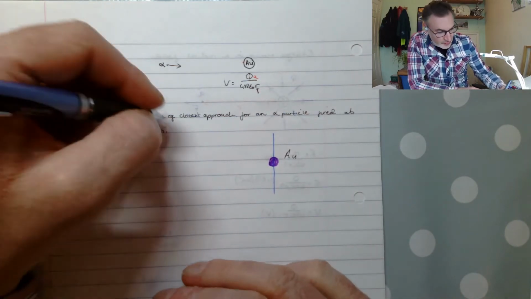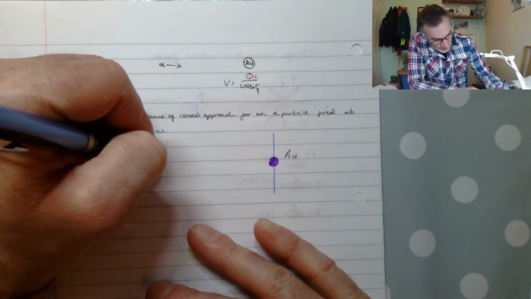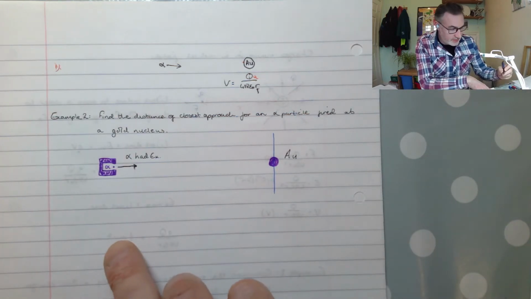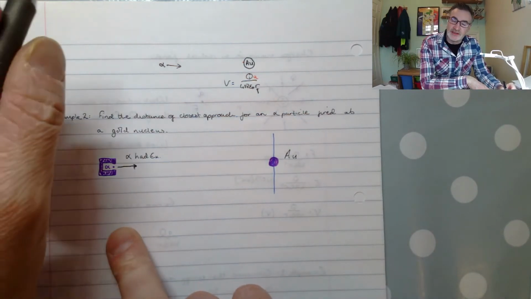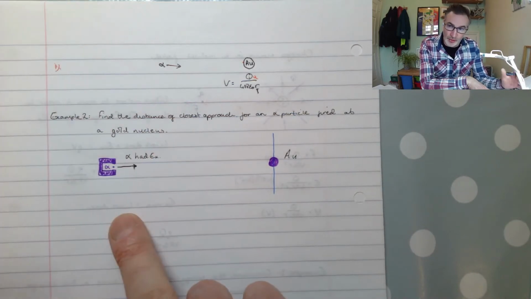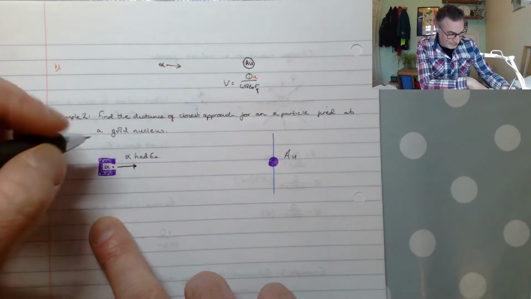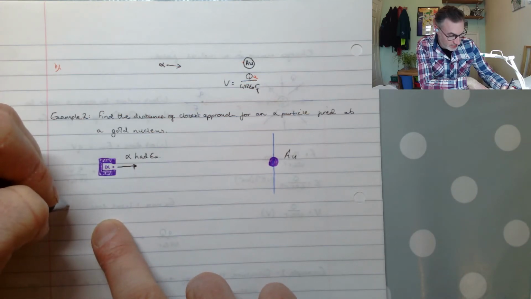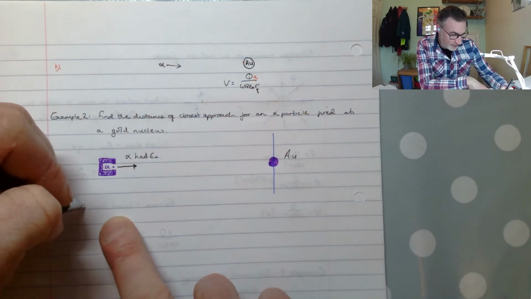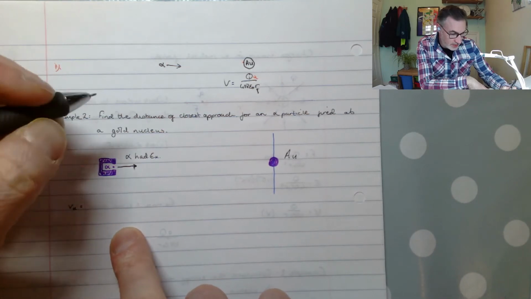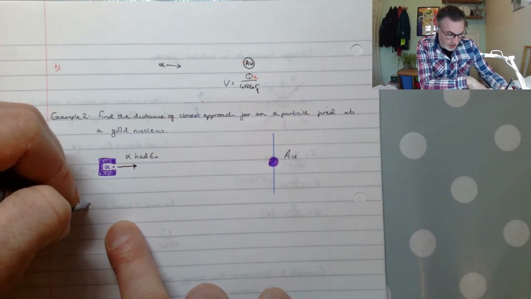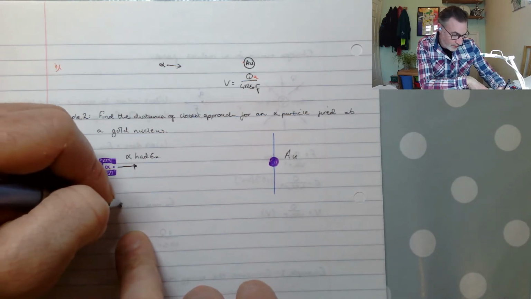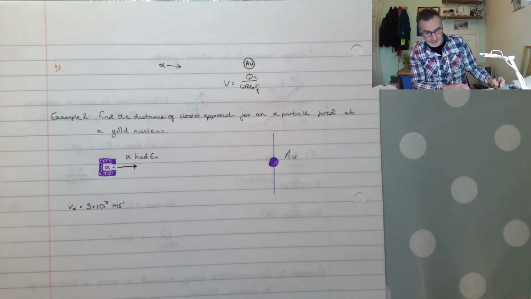As these alpha particles left, they had kinetic energy. The velocity that an alpha particle is emitted at is typically around 0.1 c, so let's call V of alpha 3 times 10 to the power of 7 meters per second.